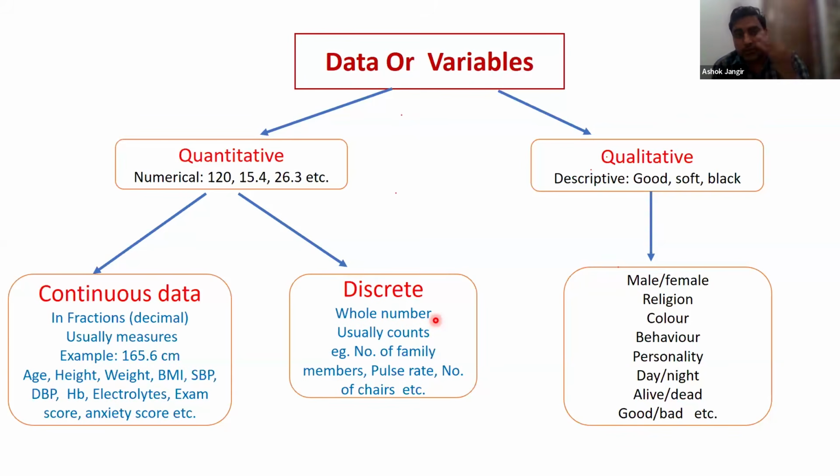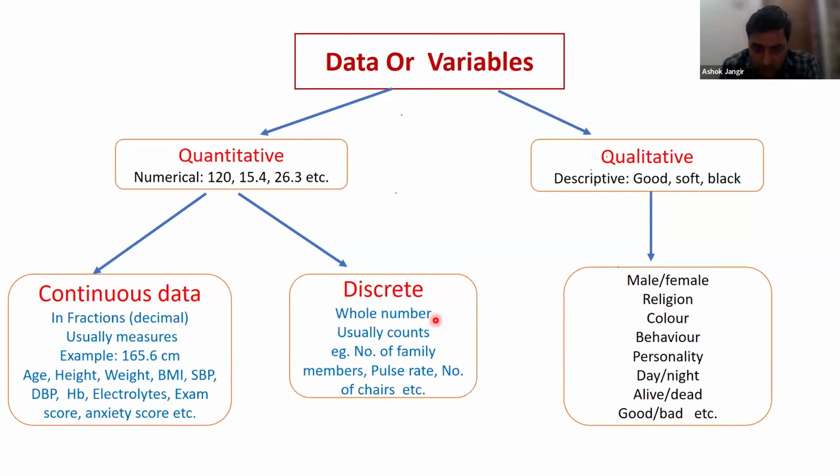Suppose there are three adults and two children, we cannot answer 3.2 or something like that. We always say 5 members. So it always comes in a full number. So it is called discrete data.